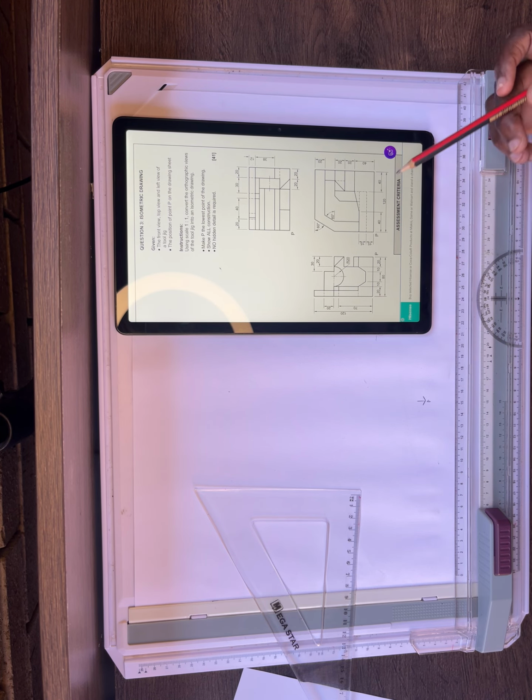Then going up, do we have the measurement going up? Yes, we do have the measurement. Let us take it up. If you check here, we have got from here to here, which is 70. Then from here to there is this space on this side.